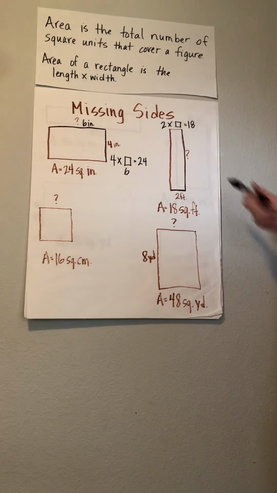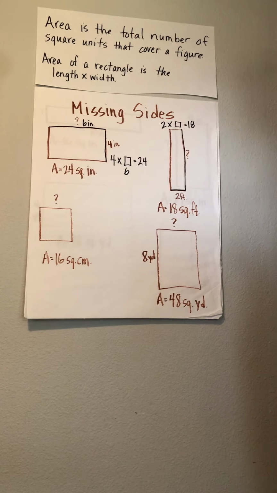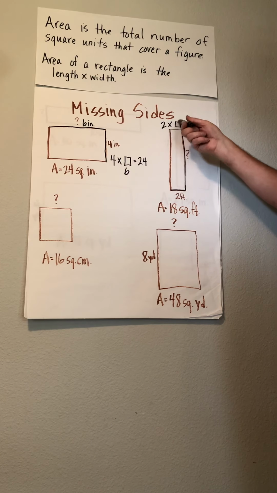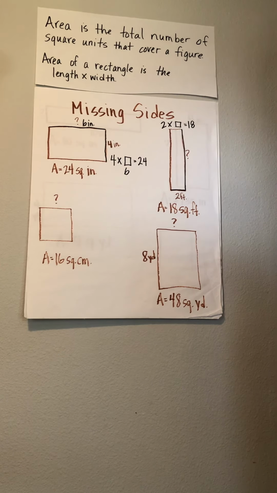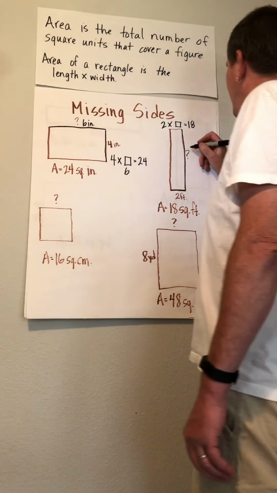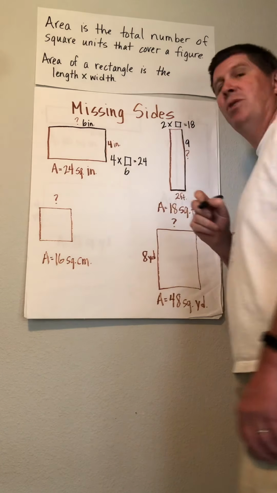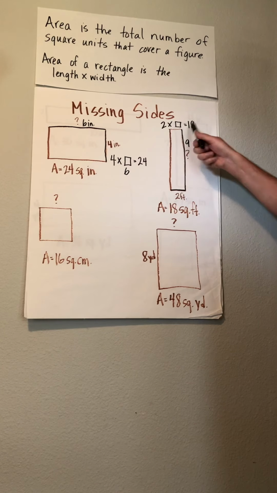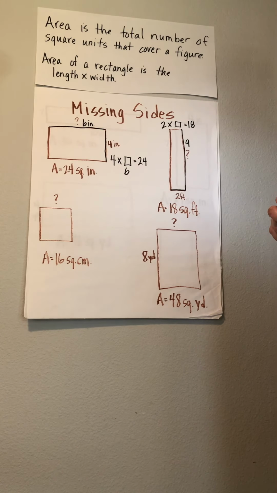So 2 times something equals 18. You need to think about your multiplication facts, or you can do division. 18 divided by 2 equals what? It equals 9. So 2 times 9 equals 18.